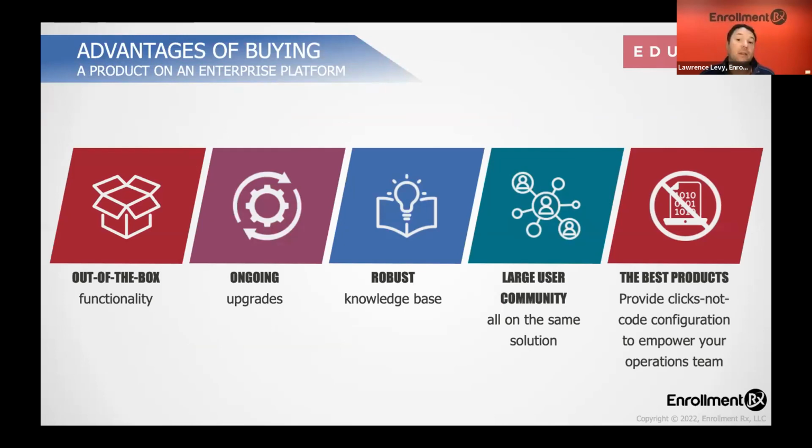Also, a huge, large user community of other institutions that are using the same solution, that have not custom built it their way while you've custom built it your way, but everybody's using the same set of products so that they compare notes and best practices: how are you doing it, how am I doing it? And so again, the best products provide clicks, not code, configuration, as we sometimes call it, but that composability, that ability to make the system do what you want it to do.